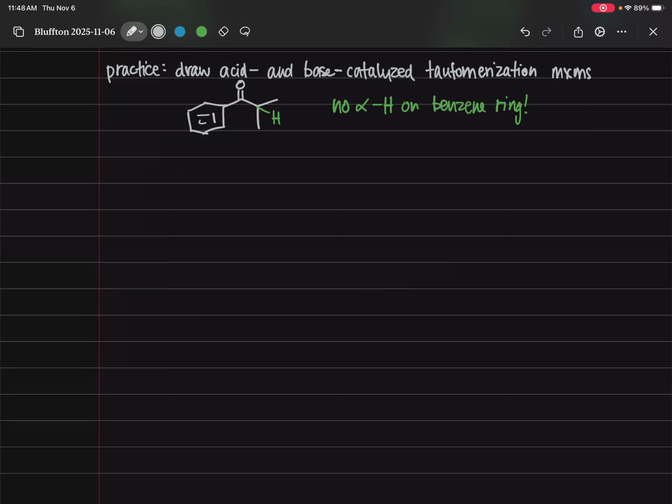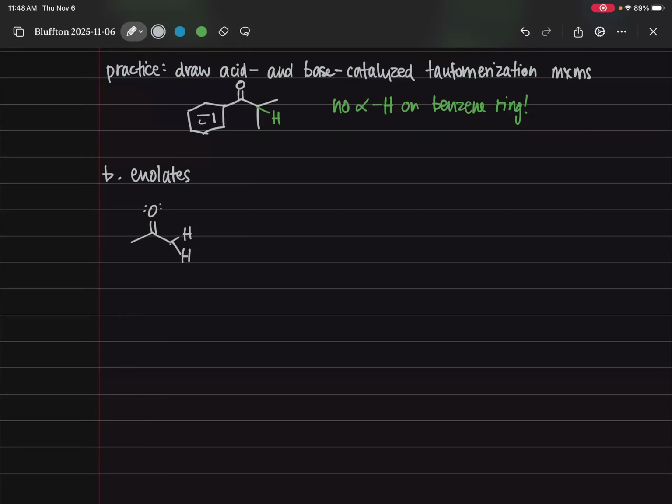Okay, so that was enols. Arguably more important are the anions of enols, which are enolates. This is going to look like the same thing I just drew, but it is a little bit different for one specific reason.